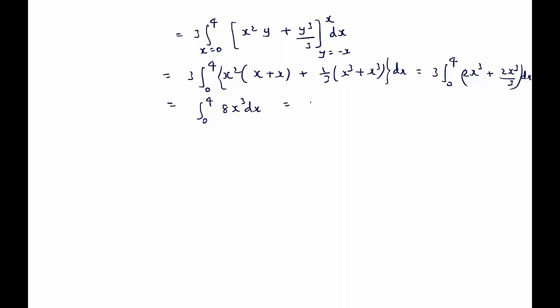The integration of x cube is x to the power 4 by 4 between the limits 0 to 4, and this becomes 2 times 4 power 4, that is 16 into 16, 256, times 2, is equal to 512. So the answer is 512. This is the end of the question.